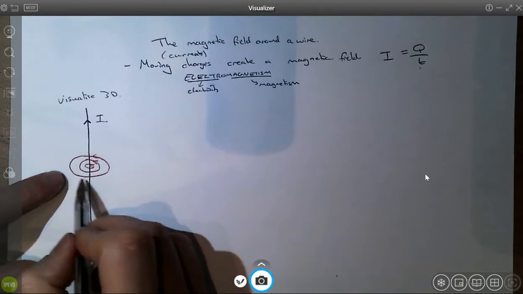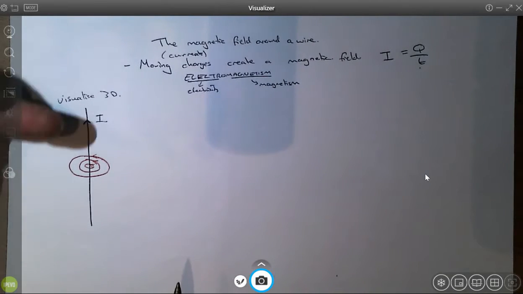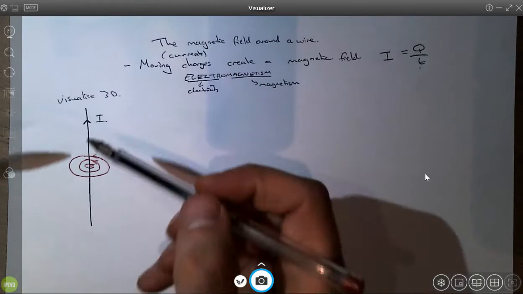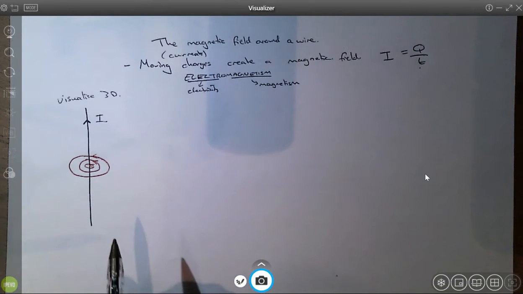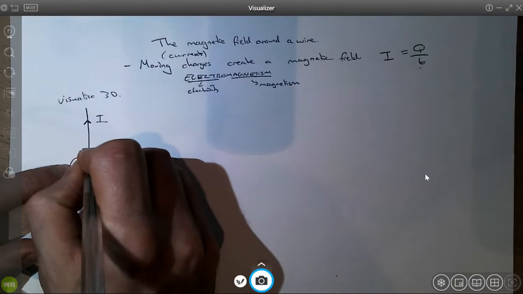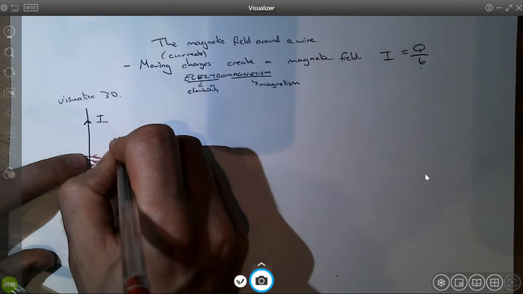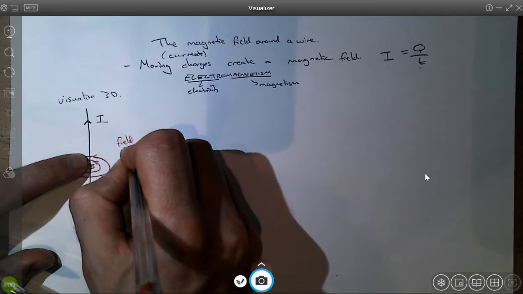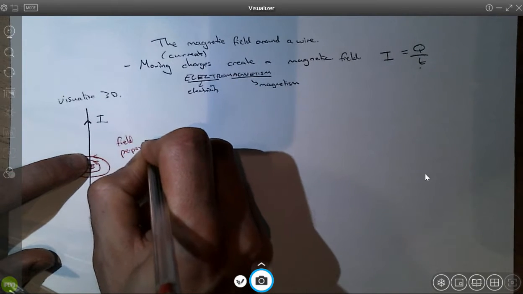So this is how it's typically drawn. But this is actually a 3-dimensional picture that we're representing in 2 dimensions. So the field is actually perpendicular to the wire. So this is important, of course, because this is its true direction.